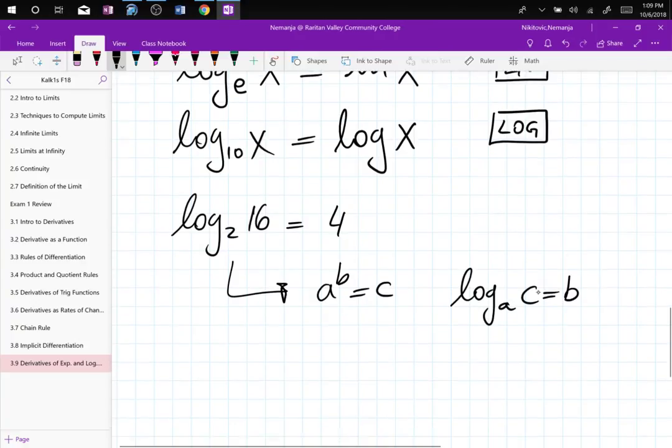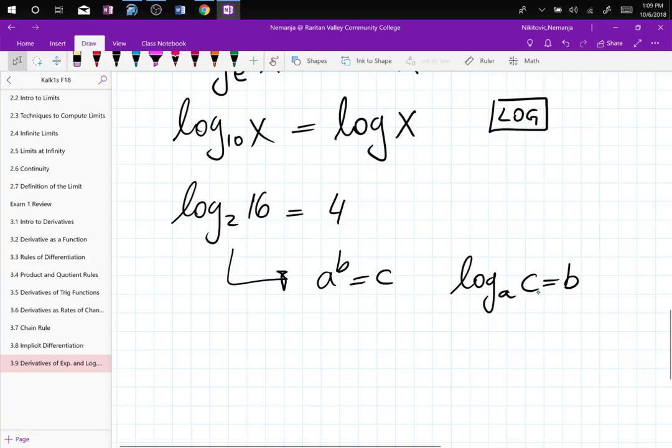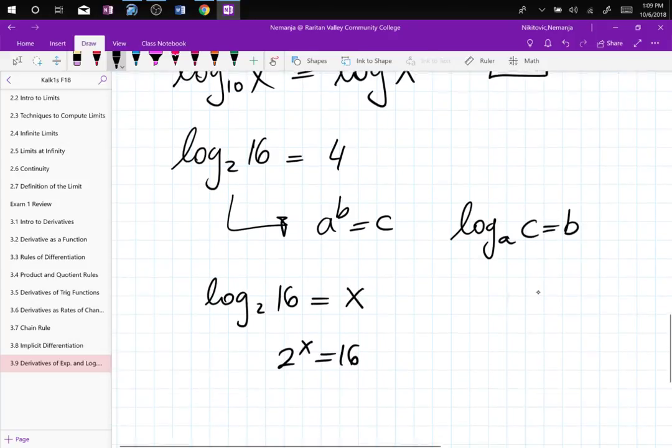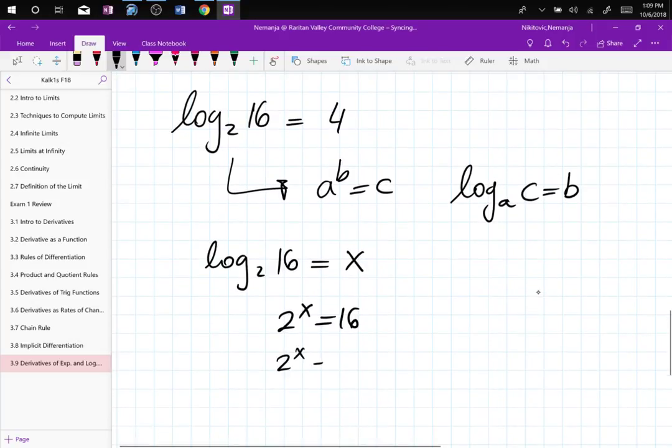That's the conversion. So my problem, which was log base 2 of 16, is equal to a question mark, which is x. I can convert that into 2 to the x is equal to 16, and I know that I can write 16 as 2 to the 4. So from there, x equals 4, which is the answer to the log question.